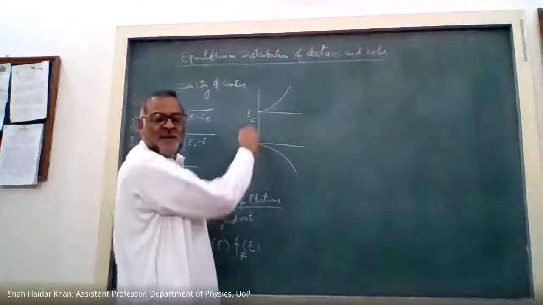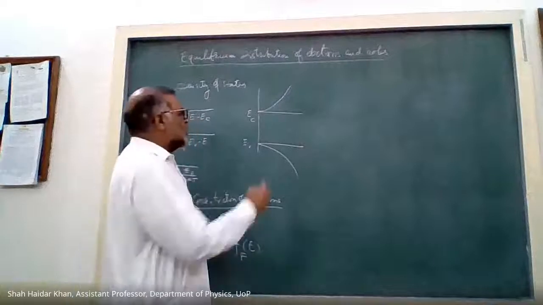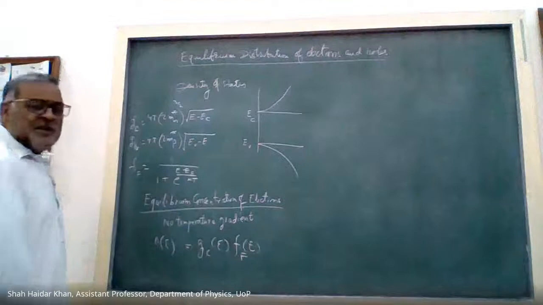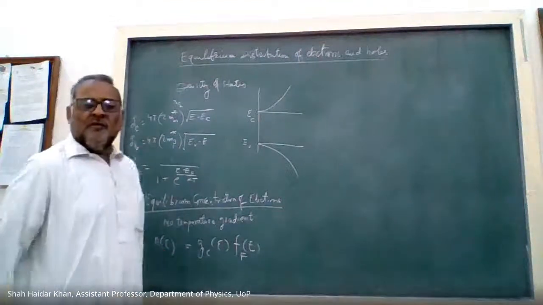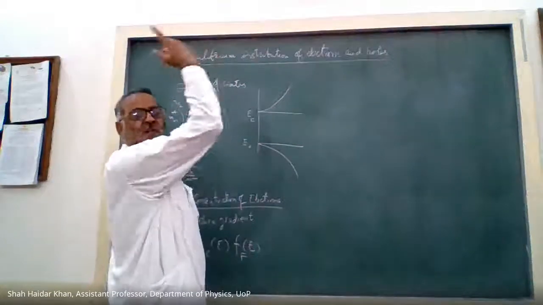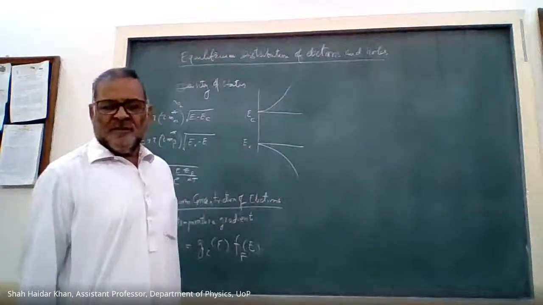There is the valence band, it goes to lower energies, right? So I have to integrate this from EC, right, to some energy, whatever is the upper limit, right?